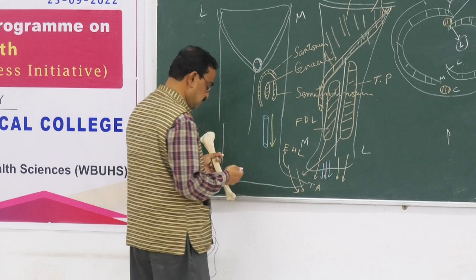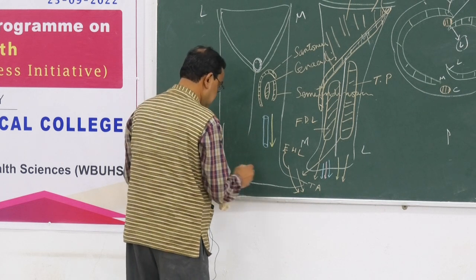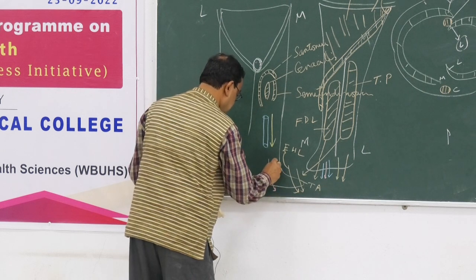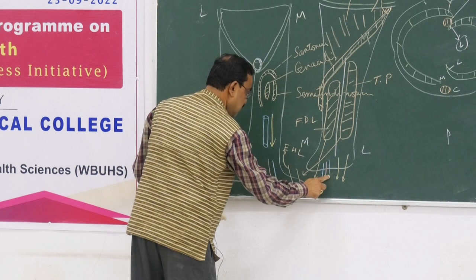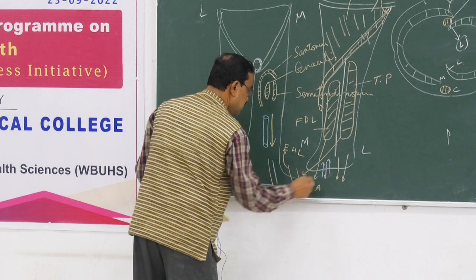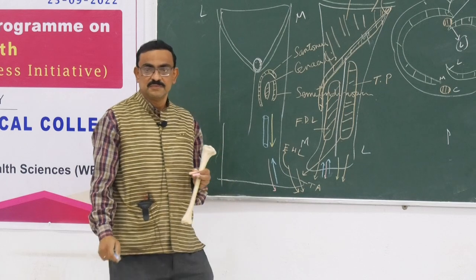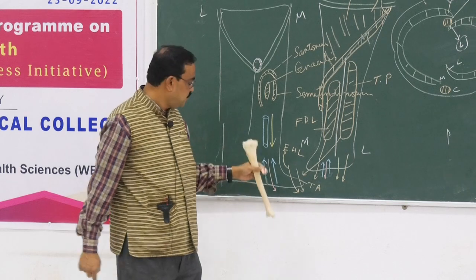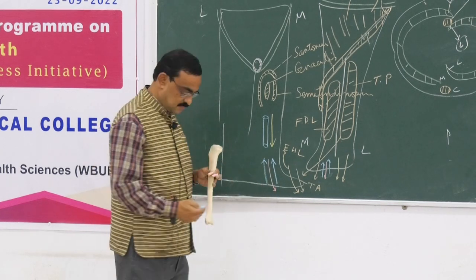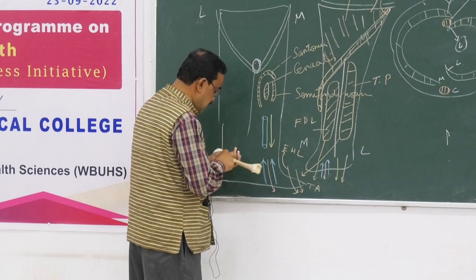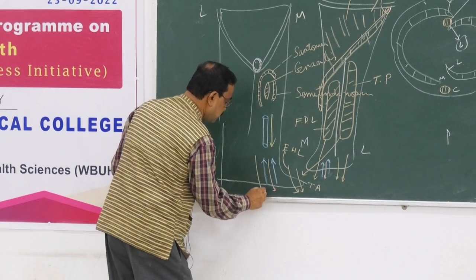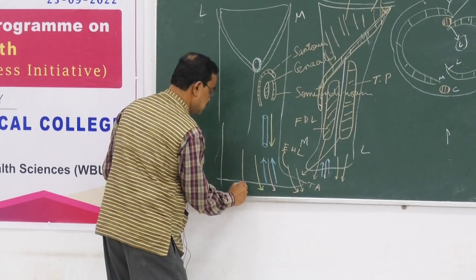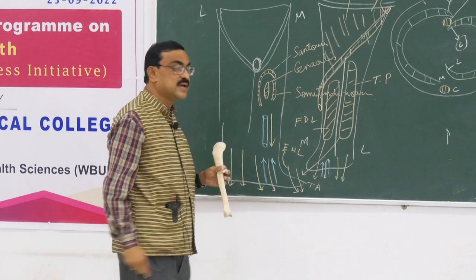Then again the artery along with veins. Sorry, veins should always be in the reverse direction. Vein, artery, vein. Then one nerve. How can we remember?